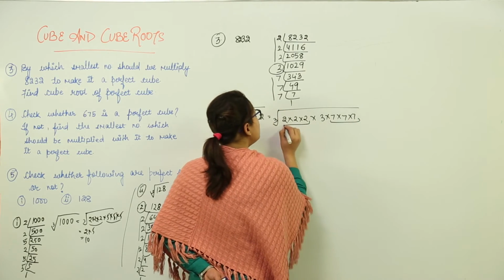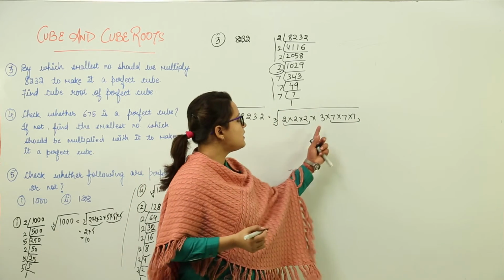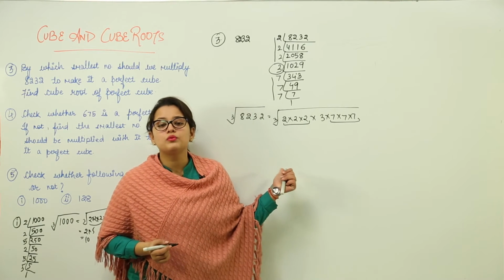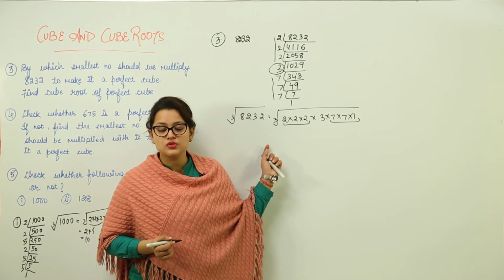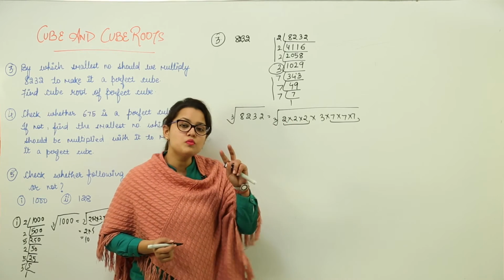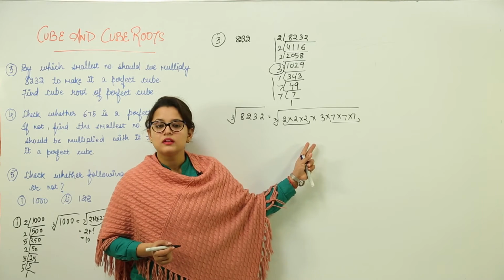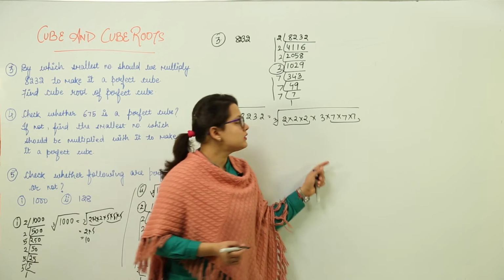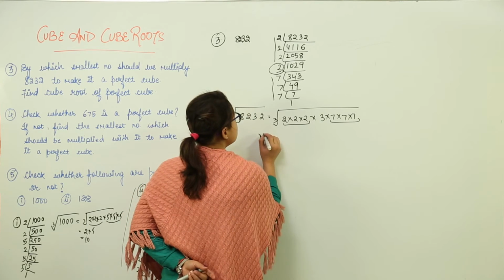Here we have already grouped these. The ungrouped factor left is 3. That means if this has to become a perfect cube, what should be there? It should have 2 more 3s getting multiplied. That would help the 3 get grouped with them. So that means we have to multiply this with how much?